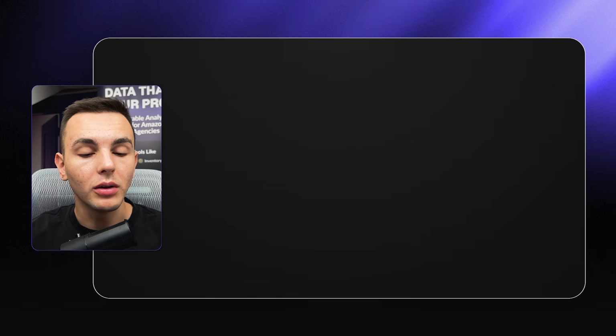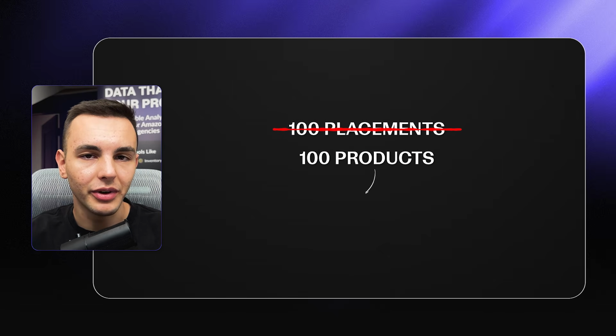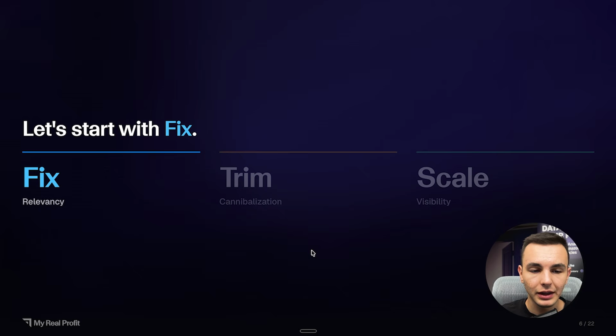So you cannot hold 100 placements unless you have 100 products and they are fully relevant for this keyword. But most of the time it's only 2 products. That's very important to understand because when you use the SQP report, you also need to understand the ceiling of your business, the ceiling in terms of impressions, how many total impressions we can generate. That's an important step.